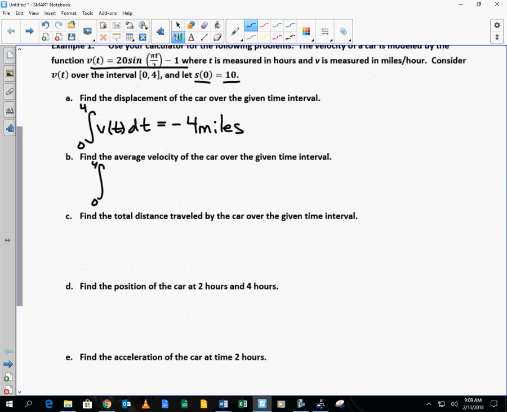Go from 0 to 4 of v of t dt, and we multiply it by 1/4. 1 over b minus a. Everybody got that? That equals negative 1 what? Hour.